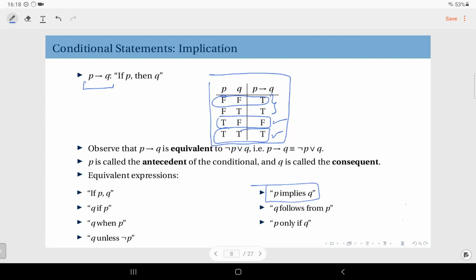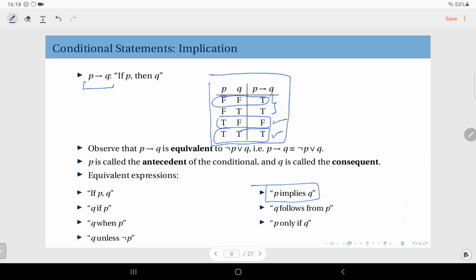For instance, if you can run 100 meters under 10 seconds, I can eat my hat. That's a true statement because neither of the components are true. But the implication is there. If you can do that, yeah, I can do this, right? Obviously, there is an element of exaggeration in this example, but from a logical point of view, the implication is there. And when P is false, as well as Q is false, the statement P implies Q is true.